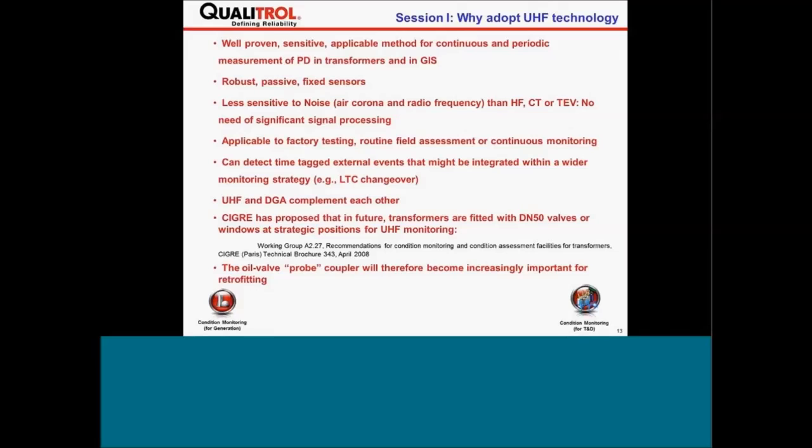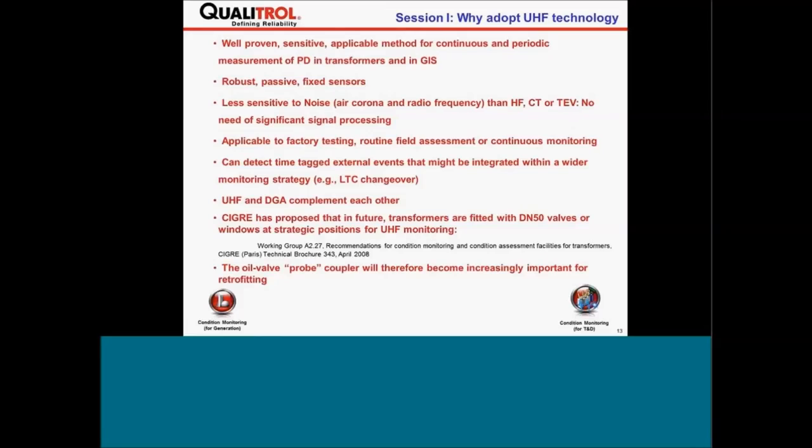The UHF and DJ, as I said, are complementary. Seagray has proposed in 2008 that in future transformers should be fitted with DN50 valves or windows on which UHF couplers sensors can be mounted and used for monitoring either periodic or continuous.